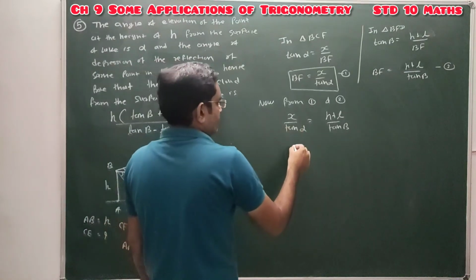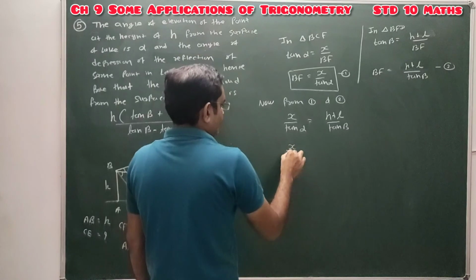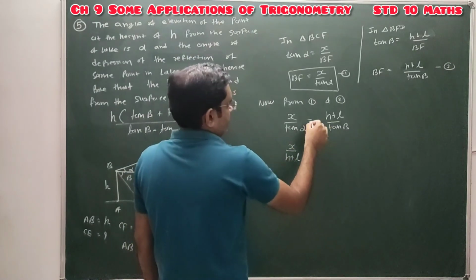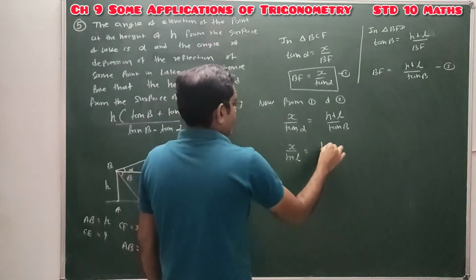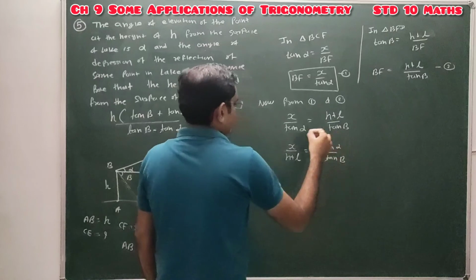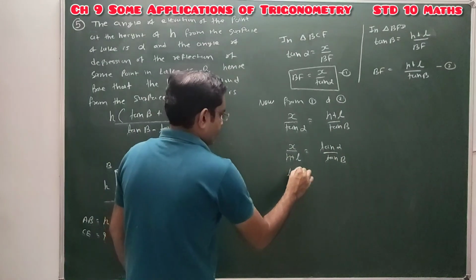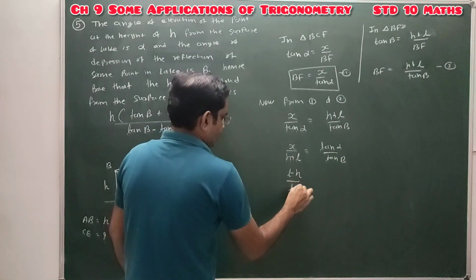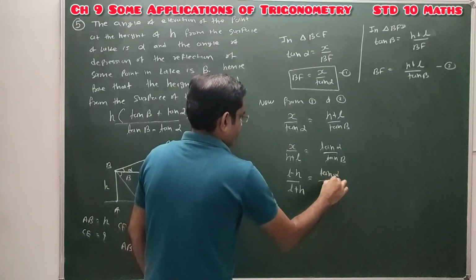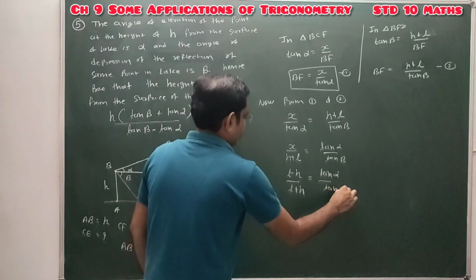So x upon h plus L equal to, after cross multiplying, it will be tan alpha upon tan beta. L minus h upon L plus h is equal to tan alpha upon tan beta.